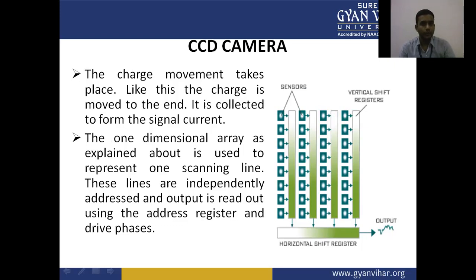The one-dimensional array, as explained above, is used to represent one scanning line. These lines are independently addressed and the output is read out using the address register and drive phases.